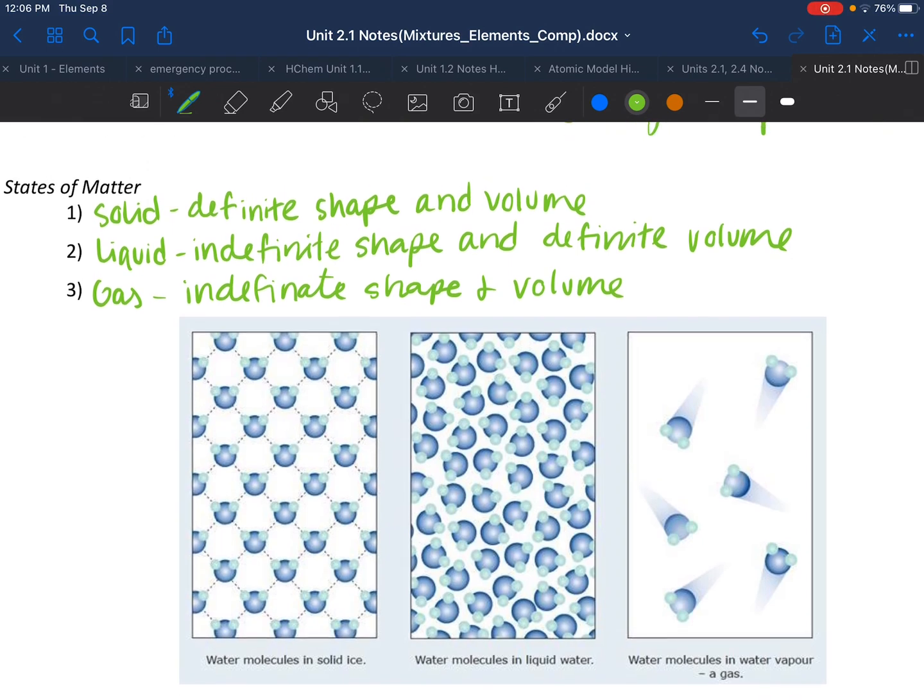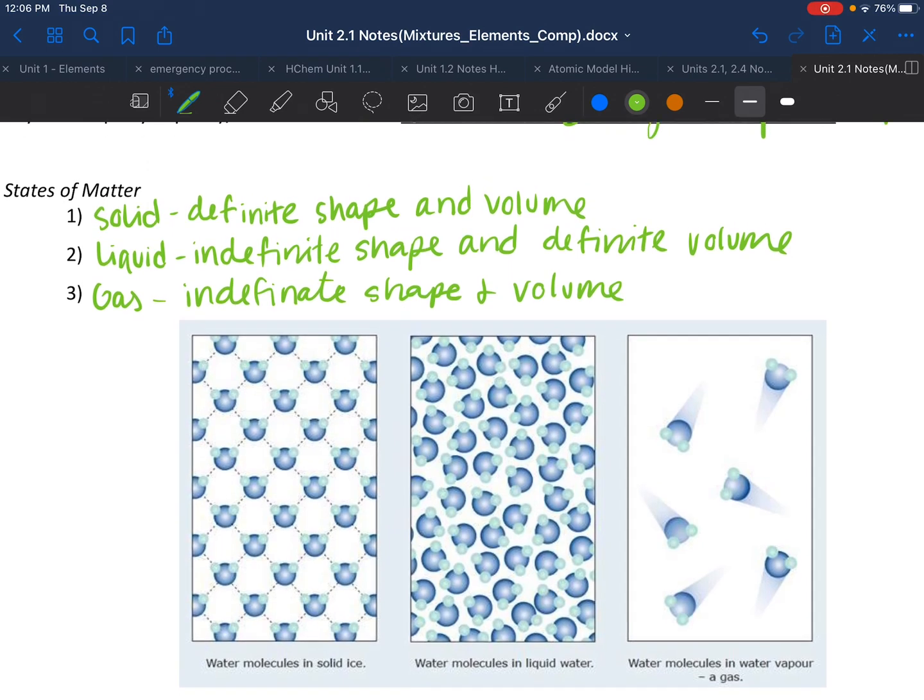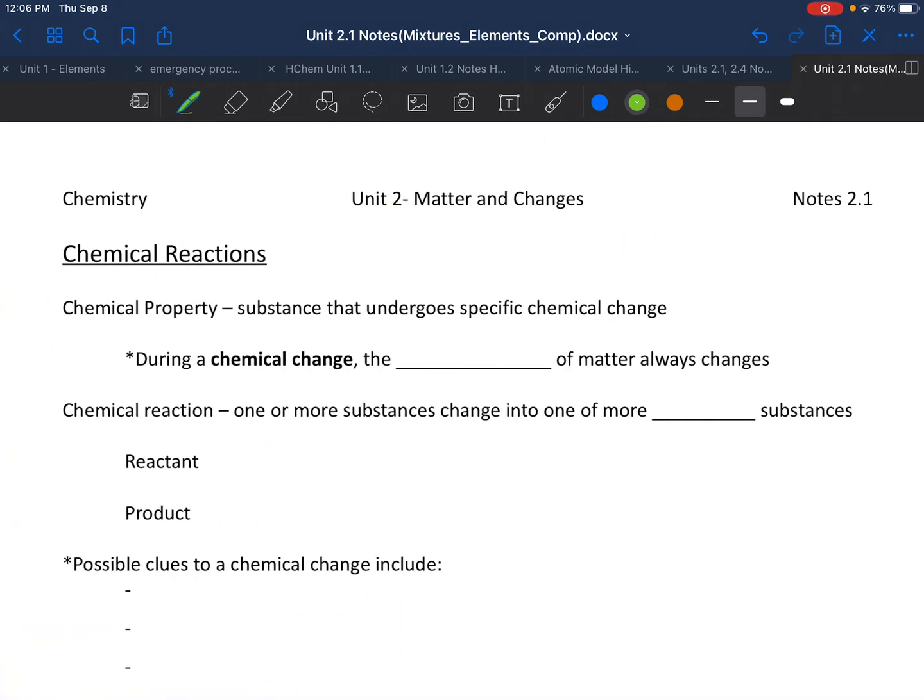All right, so moving on to chemical properties. For it to be a chemical property, the key here is that we're undergoing a chemical change. In order for something to be considered a chemical change, you need to change the composition.